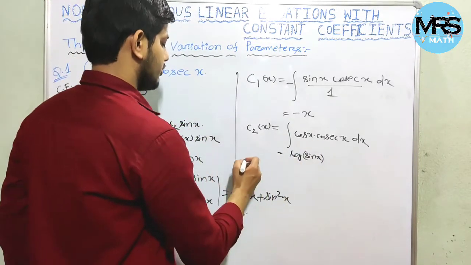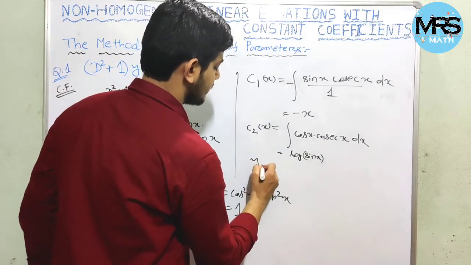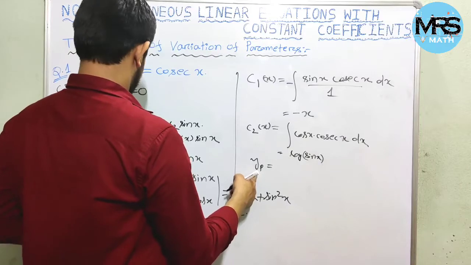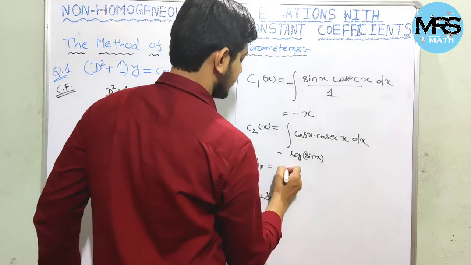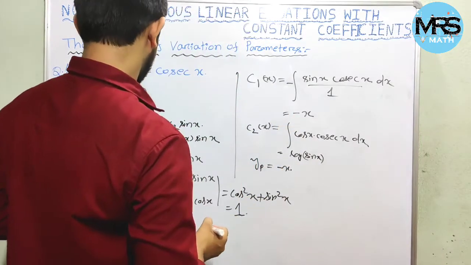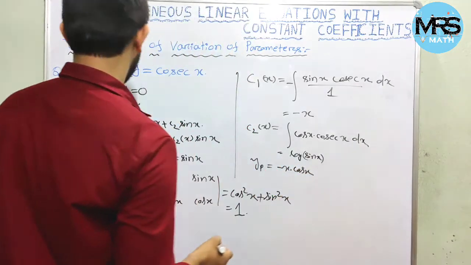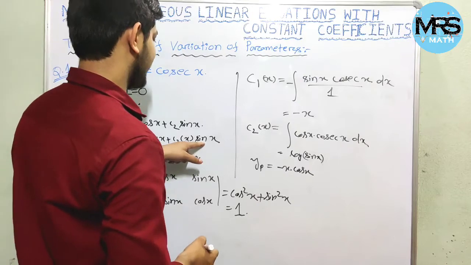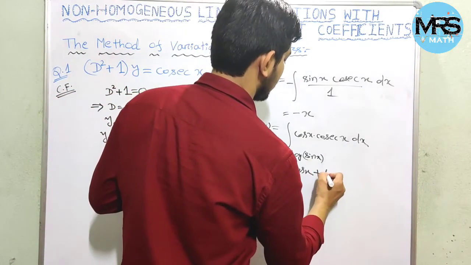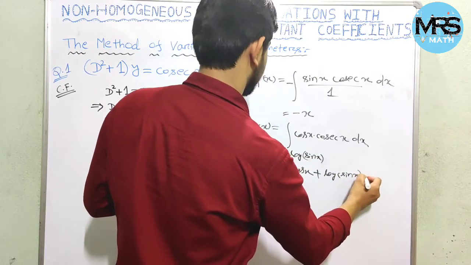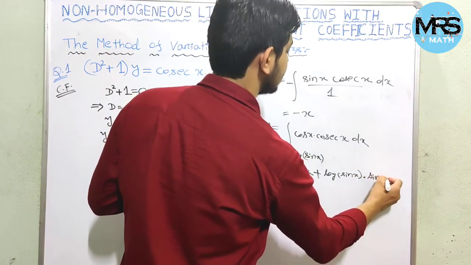So what will be our final yp? That is c1 of x into y1, that is minus x into cos x, and c2 of x into sin x, that is log of sin x into sin x.